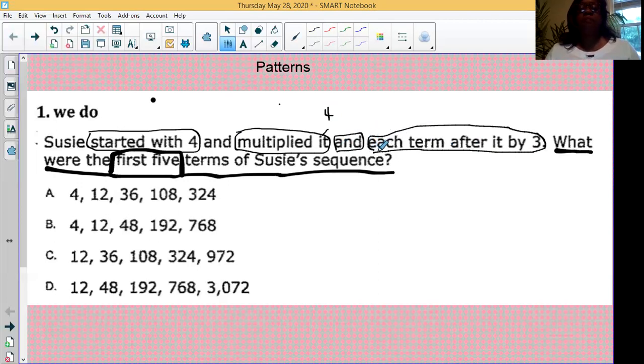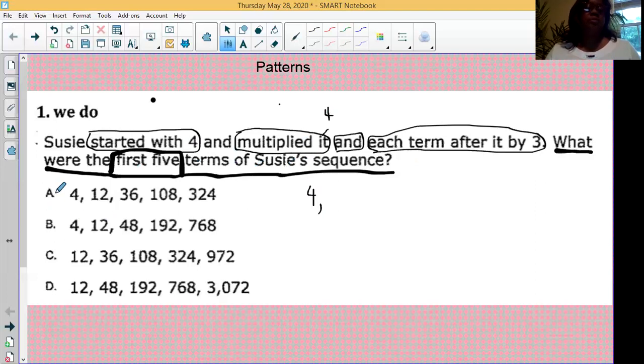Okay. So remember, she started with the number 4, and 4 was the first number in her sequence. Then she multiplied this first 4 in her sequence by 3. So we know the first digit has to be 4.